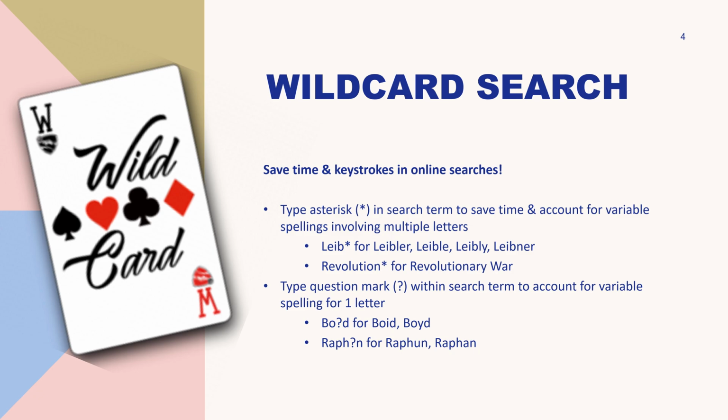This wildcard tip does not work on all websites, but can be useful on some websites. If the wildcard tip isn't working, simply searching variable spellings and misspellings is another option when searching genealogy websites. With that, let's jump right in to looking at books.